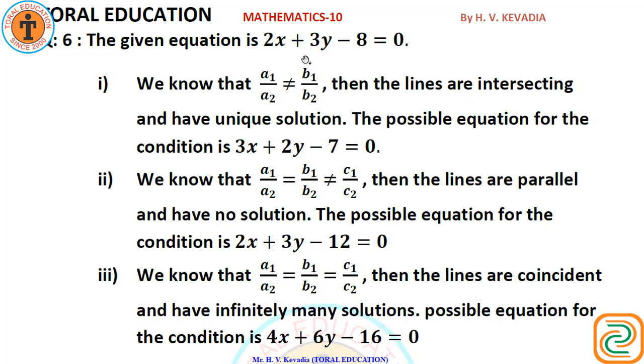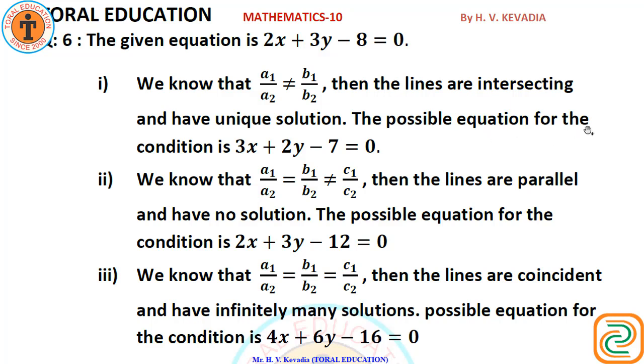So we will have to check a1 upon a2 is not equal to b1 upon b2. Such an equation is to be written that both the ratios are not equal. We know that if this is not equal to this, then the lines are intersecting and have a unique solution. The first condition is unique solution, intersecting lines.